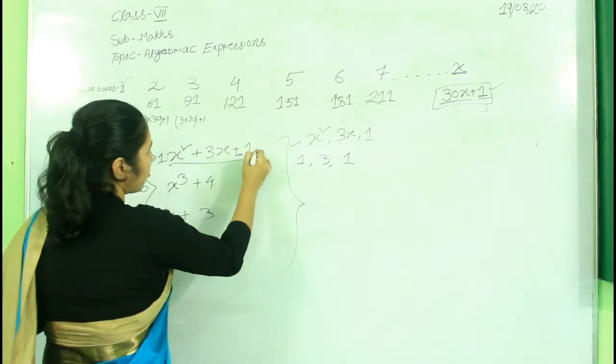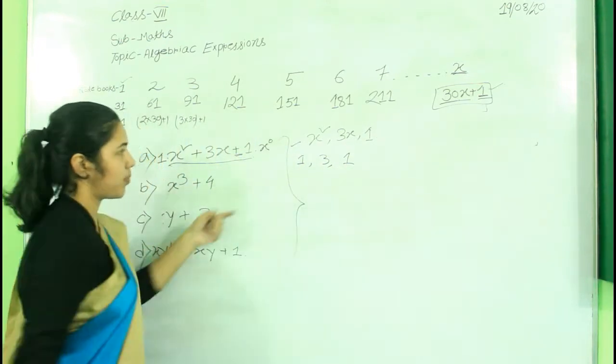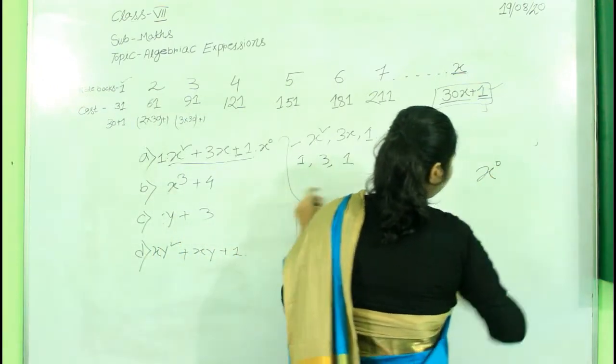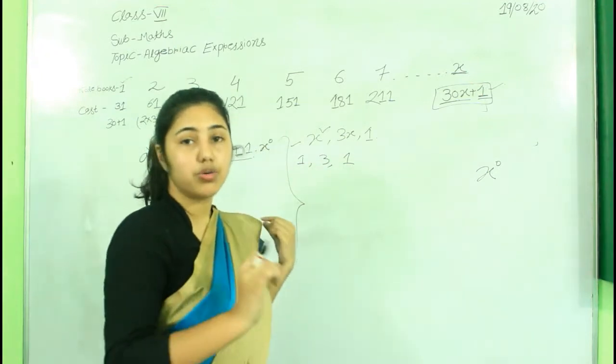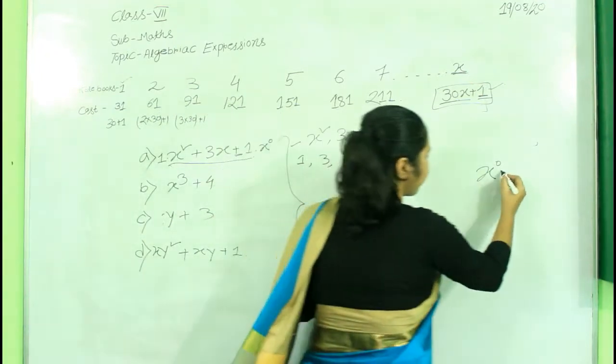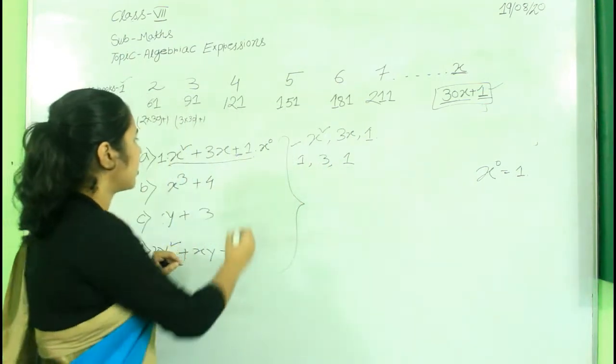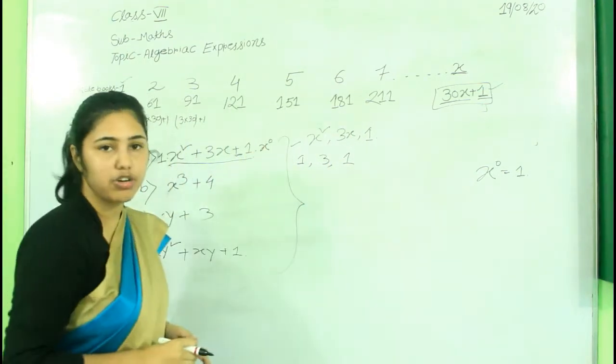Also we can write 1 as 1 into x to the power 0 because we know that any rational number with power 0 has the value 1, right? So we can write here 1 into x to the power 0.